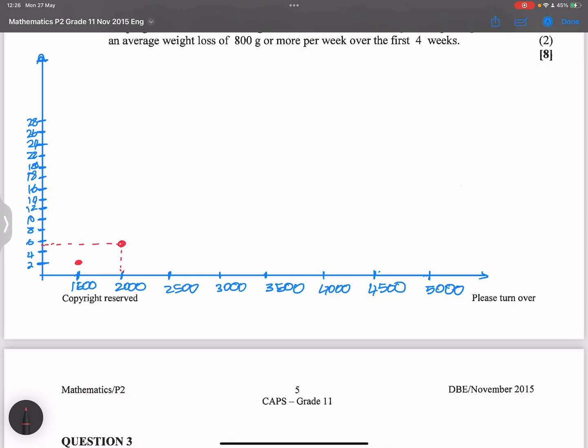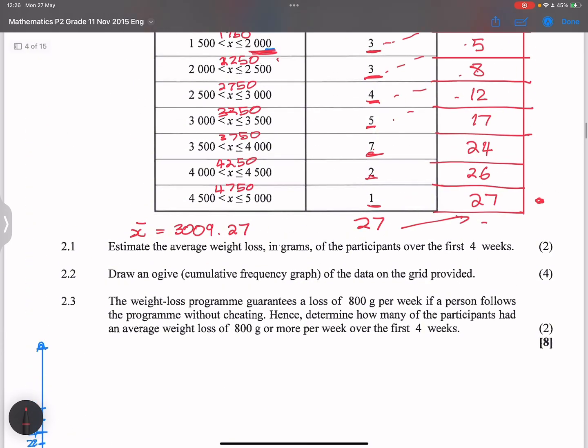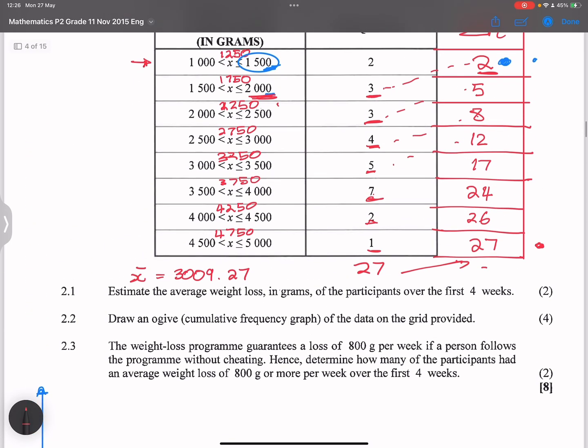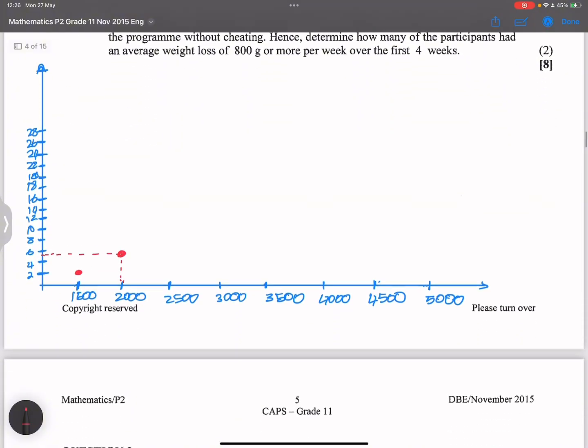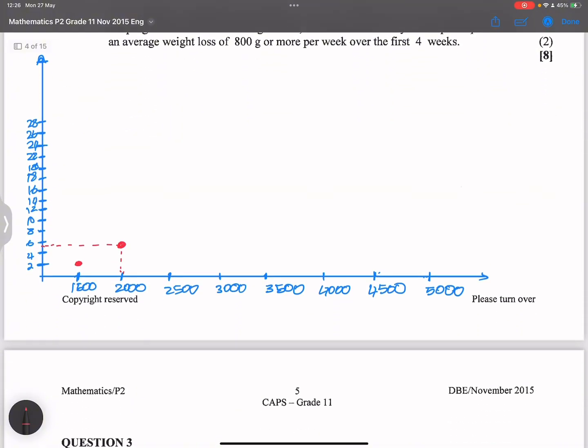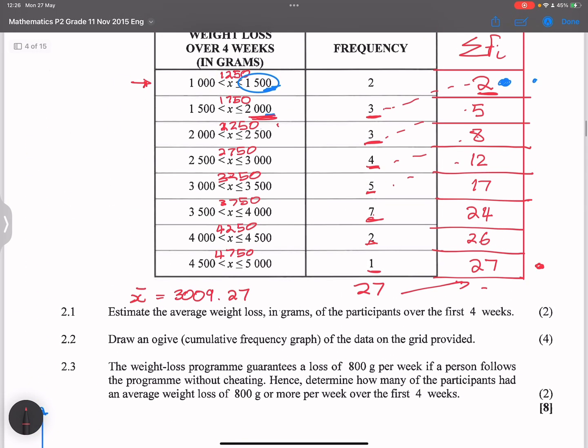There it is. And at 2,500, my value is 8. So there's 8 over there. And the next one, at 3,000, my value is 12.